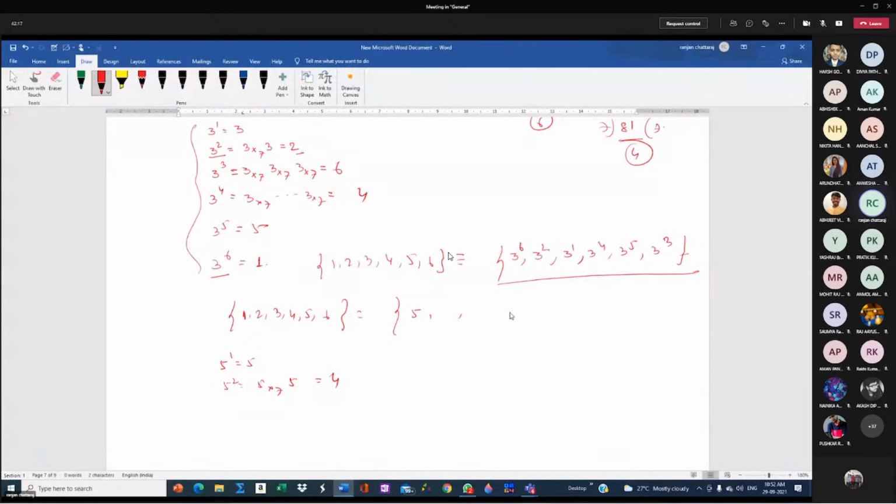And 5 cube, how much is it? 125 divided by 7 gives 3. So 3 is 5 to the power 3. Take it.